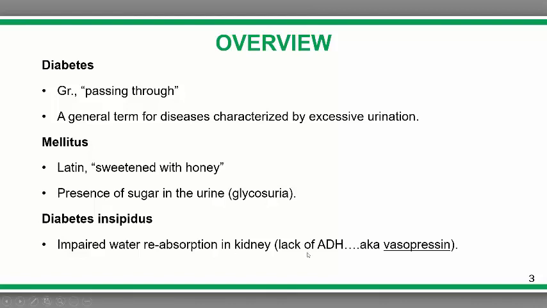That specific hormone is ADH, or antidiuretic hormone. Another term that's commonly used for antidiuretic hormone is vasopressin. So these are two terms that are used interchangeably that refer to a hormone produced by the posterior pituitary gland that functions to ensure the body does not dehydrate, and that occurs at the level of the kidney.